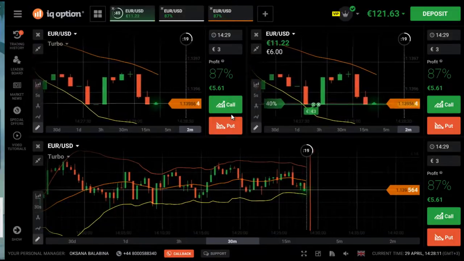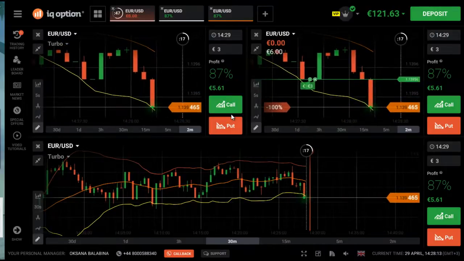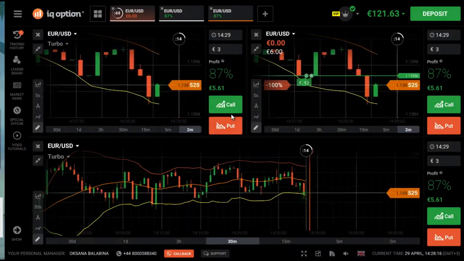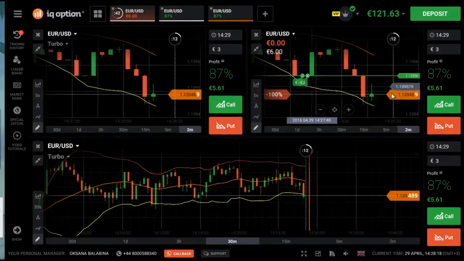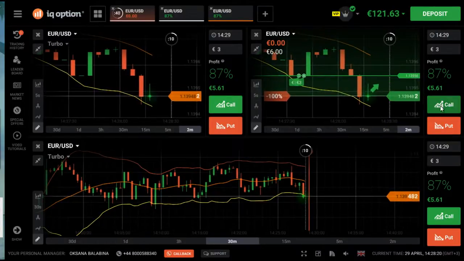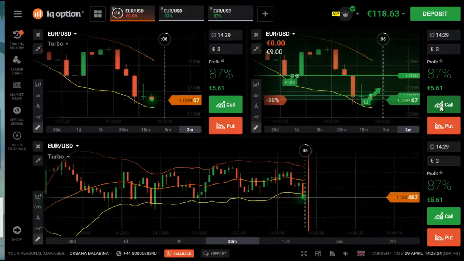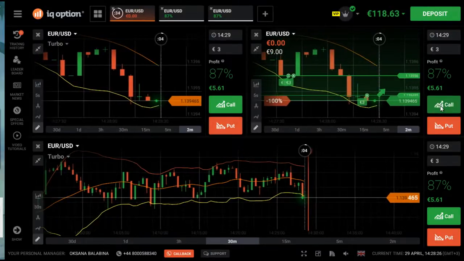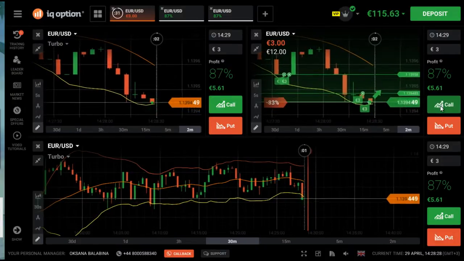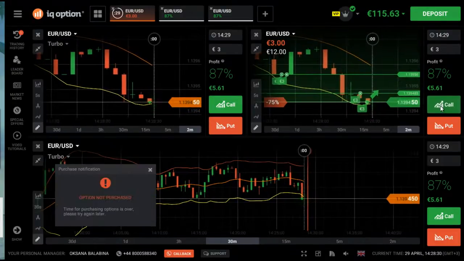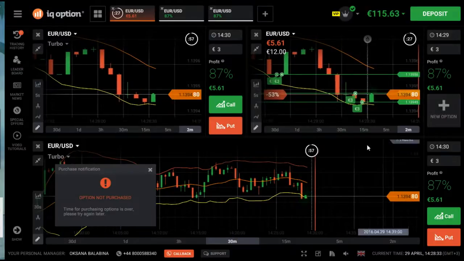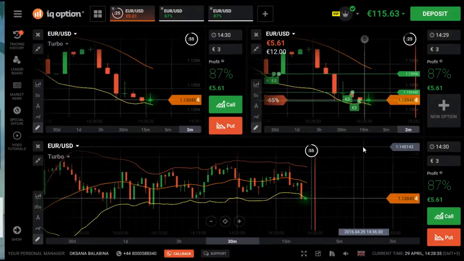But the red came back down, so the second window's original position didn't work. I have to add new positions to compensate for this red growing. As you can see on the 30 seconds, red is growing big time here.